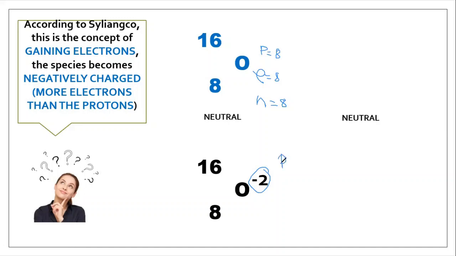Okay, so P, E, N. Sabi natin, 8, 8, 8. Kaso, ito po ang twist ngayon. Sabi natin kanina, electron ang gagalawin natin. Minus, ano ba yung given na charge? Negative. So, ilalagay niyo siya dito as negative 2.